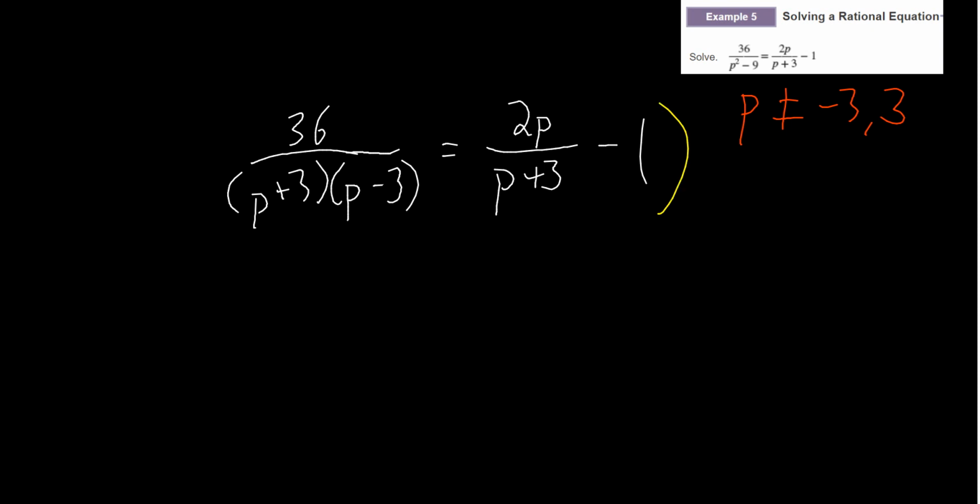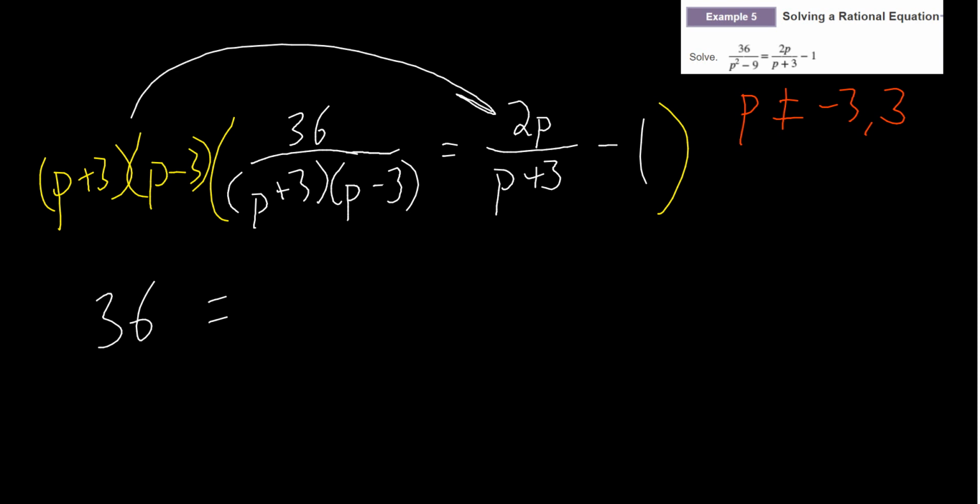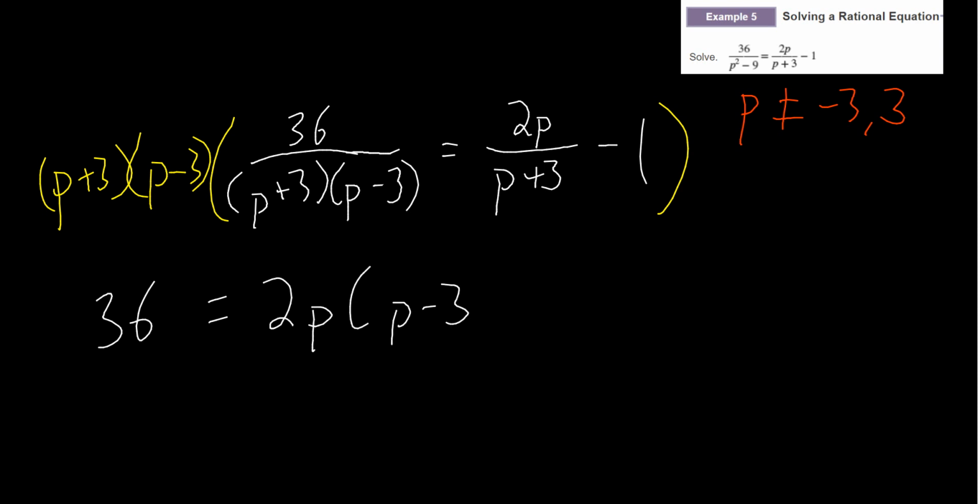Algebra is simply doing the manipulation here. When I distribute the first one, that's pretty easy. The entire denominator is going to cancel, so we're just going to have a 36, and that's going to be equal to 2p times p minus 3, because the p plus 3s cancel when I distribute. Then we distribute all the way here, and unfortunately it's going to keep everything.